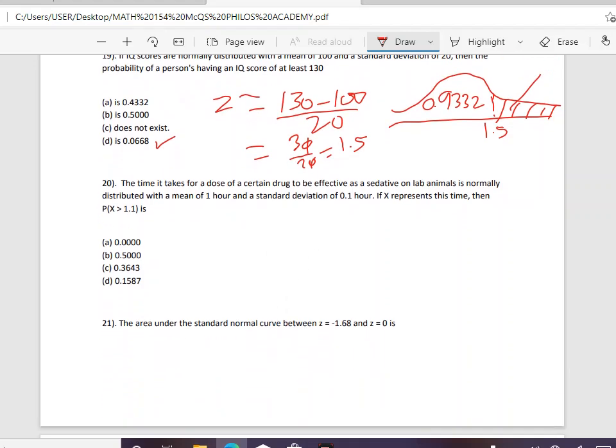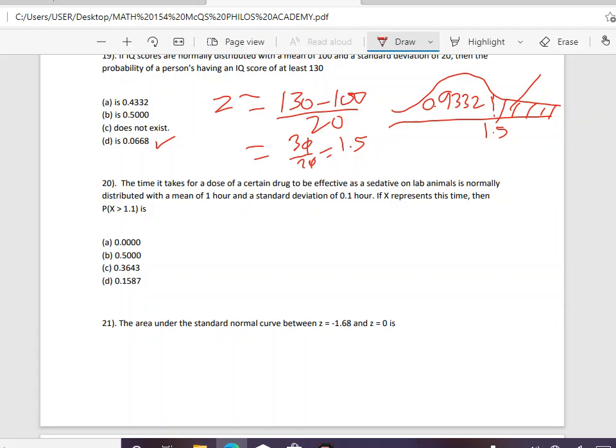Okay. Then question 20. The time it takes for a dose of a certain drug to be effective as a sedative on lab animal is normally distributed with a mean of 1 hour and a standard deviation of 0.1 hour. If x represents this time, then the probability that x is greater than 1.1 is.